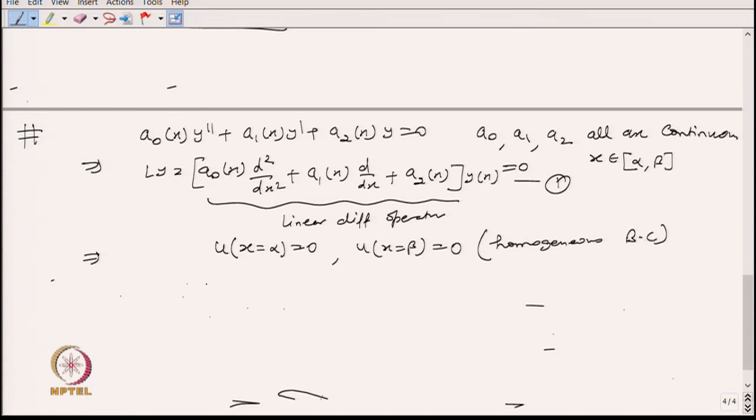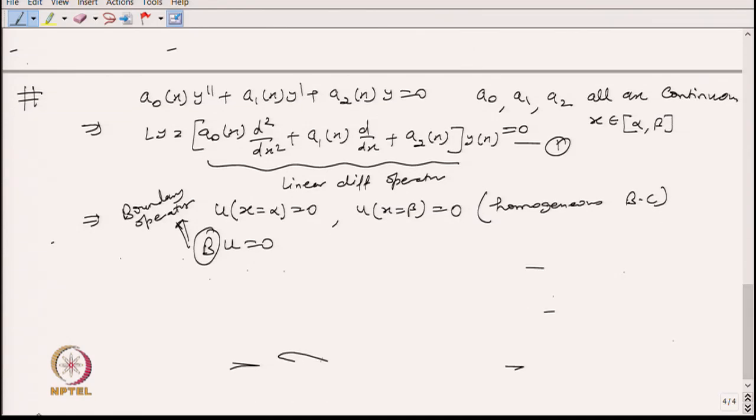If I take B as the boundary operator, I can say that B of u is 0. This B is called the boundary operator, and I call this equation 2.